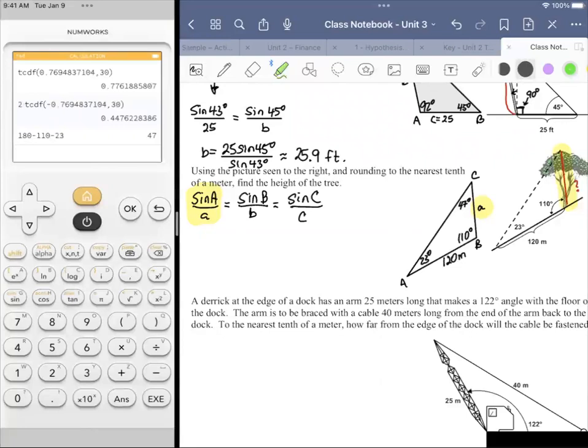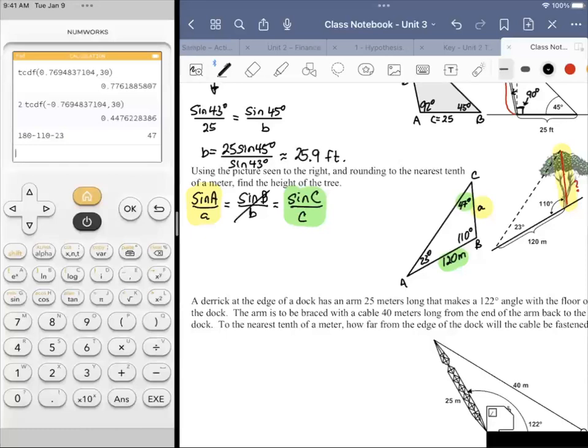Because that's a known ratio. So I'm going to use sine of C over C because I know angle C and I know side C. So by using this setup, we get rid of the sine of B over B. You can do a strikethrough if you want, it doesn't make a difference.